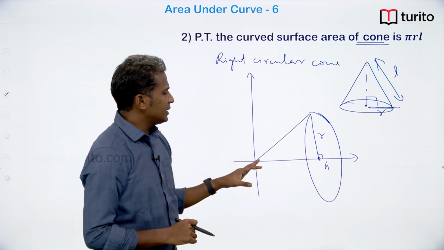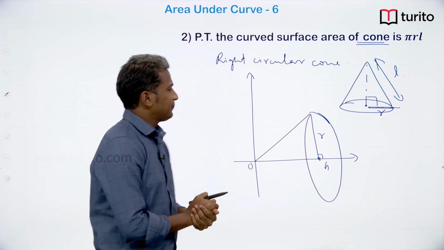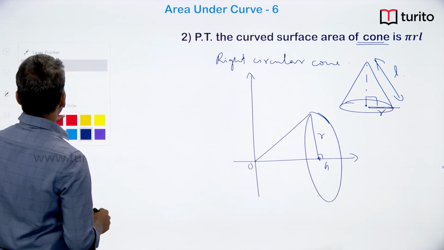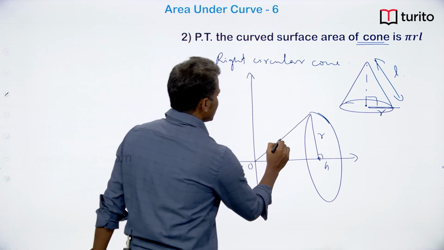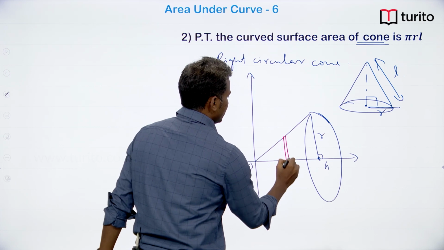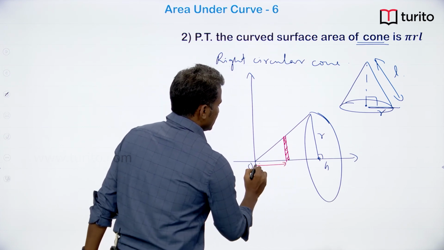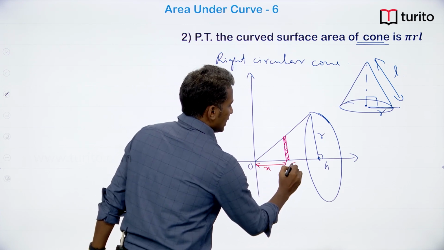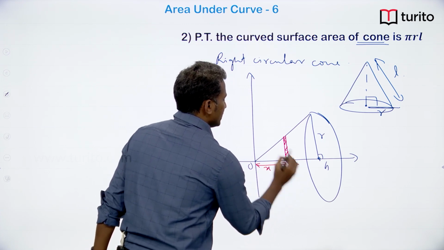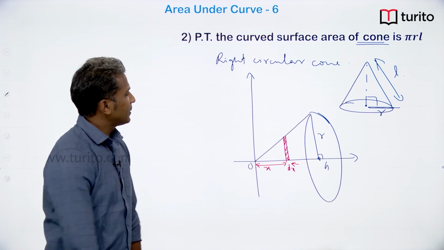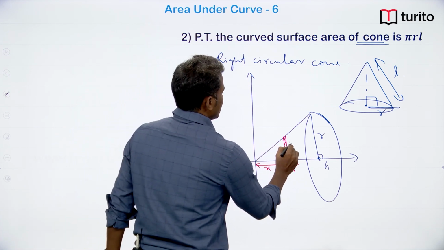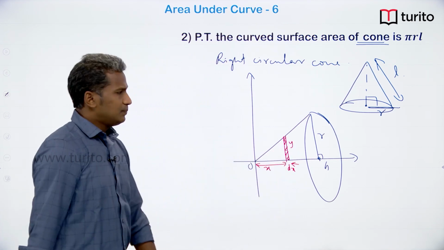Now we want to apply the concept of rotation here. So we take a small strip. Let me take this distance as x and the thickness of this strip as dx, and this height is going to be y.